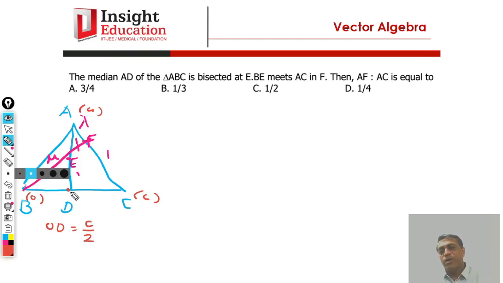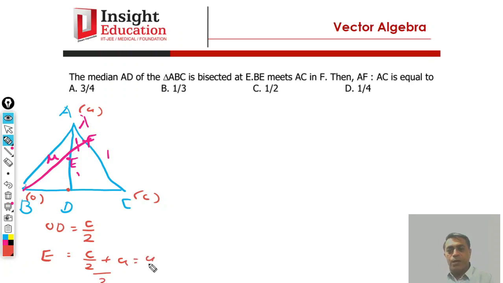Now I know the position vector D and position vector A, so I can find position vector E. Because the division ratio is 1, 1, E is D plus A by 2, that is C by 2 plus A, divided by 2.